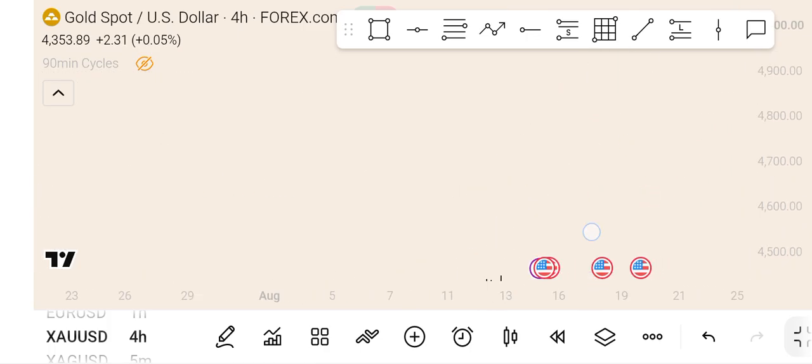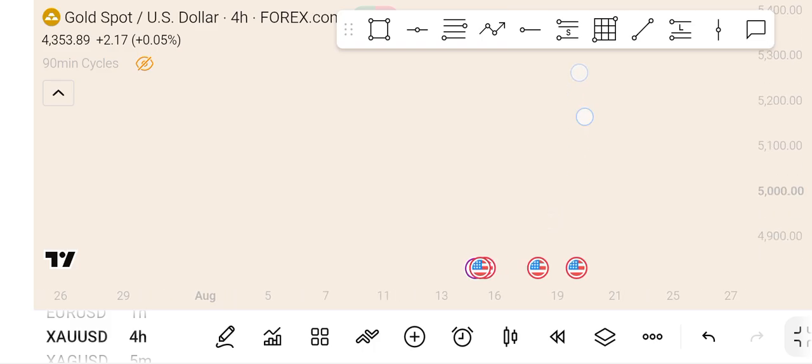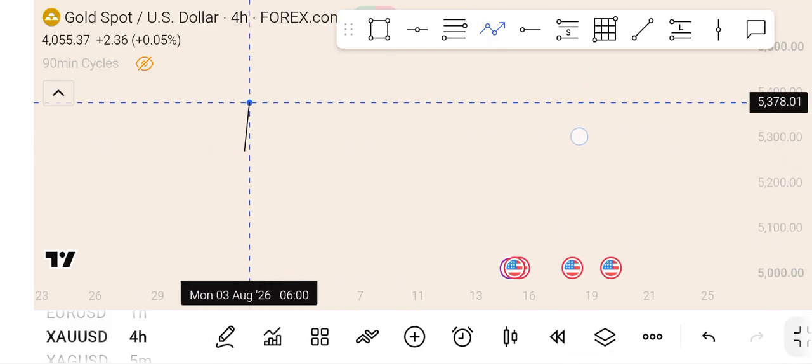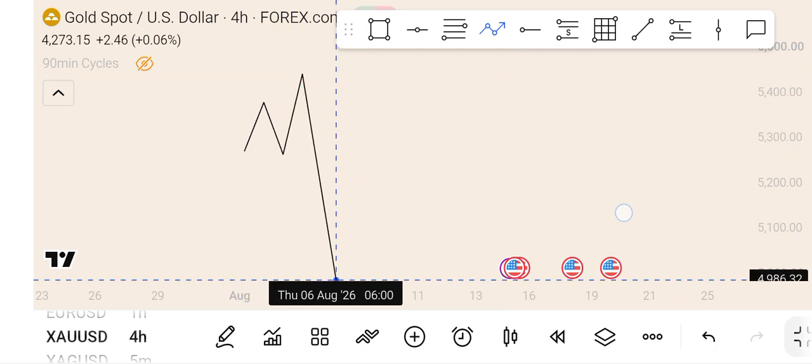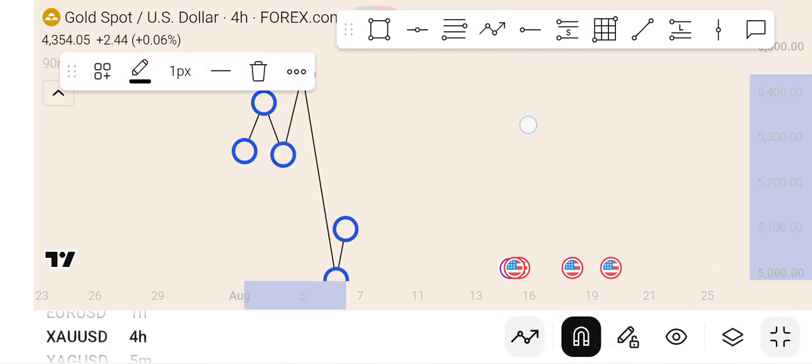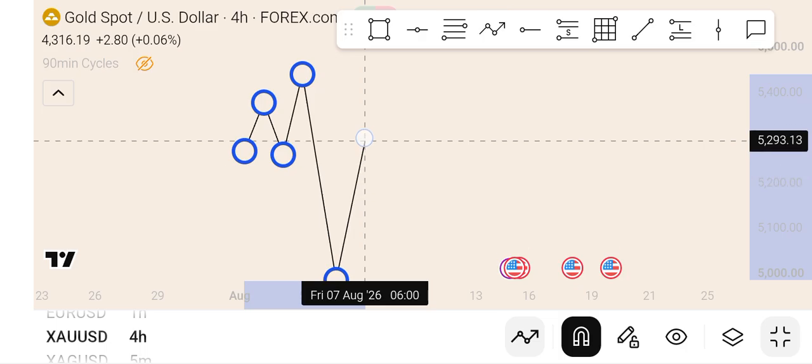Okay, nice. So, talking about micro SMT, let me mark up a type 1 dealing range for you to see. You know your eyes are already good at dealing ranges.